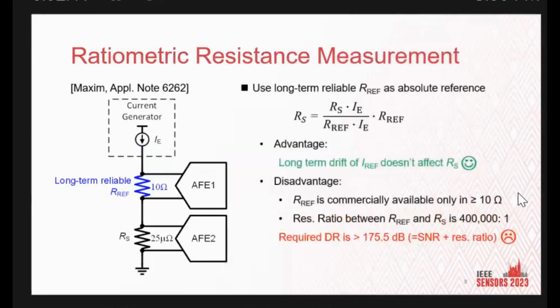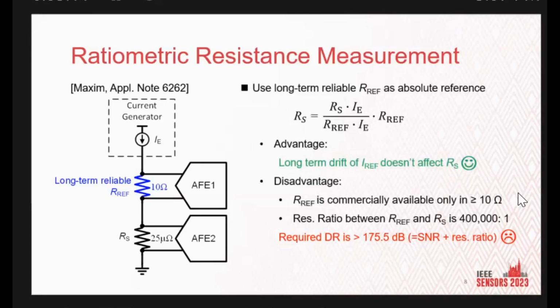The other prior art uses a long-term reliable reference resistor with a ratiometric resistance measurement technique. The current generator applies the excitation current to the reference resistor and shunt resistor. The shunt resistance is calculated by the ratio of the voltage across these resistors multiplied by the reference resistance.